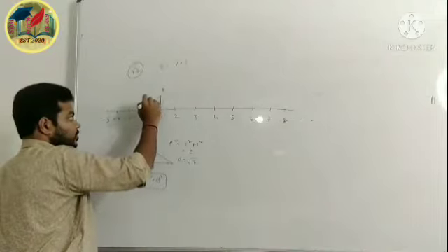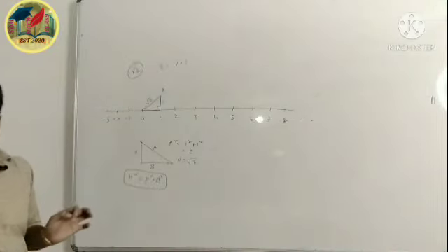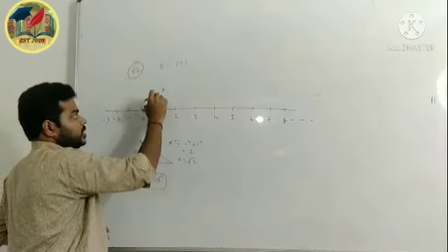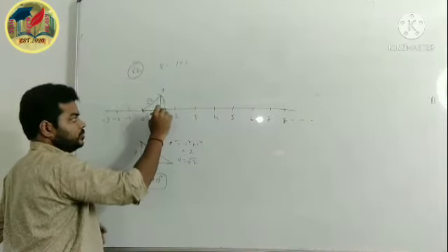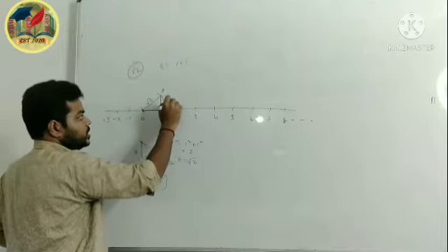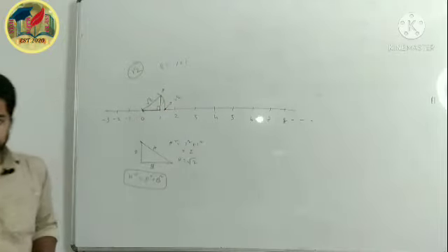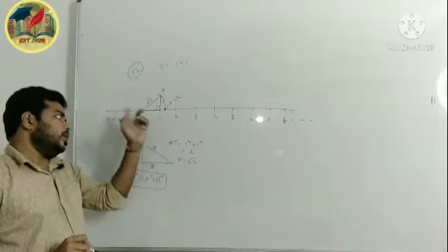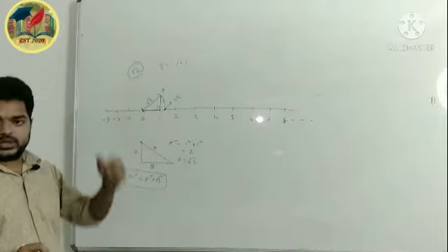So the length of this line OP is root 2. Now we measure this line with a compass and plot this point, and this point is root 2. Clear? This is the point on the number line which represents root 2.